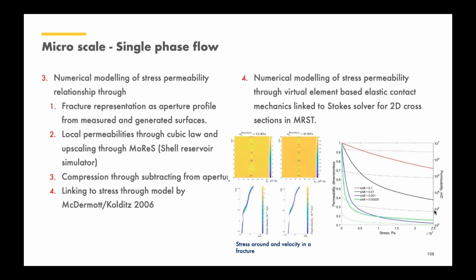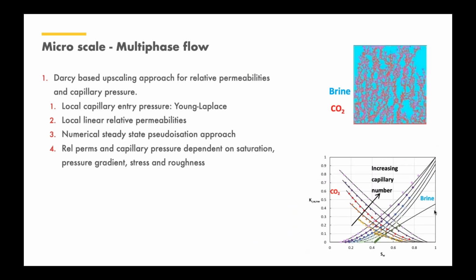This is, of course, a simplification with 2D, so we went to a simpler modeling approach in 3D. We anchored our 3D simplified modeling approach against our 2D modeling assumptions. We did the same exercise for multi-phase flow, with upscaling on, as Andreas mentioned, the 3D printed fracture surfaces.